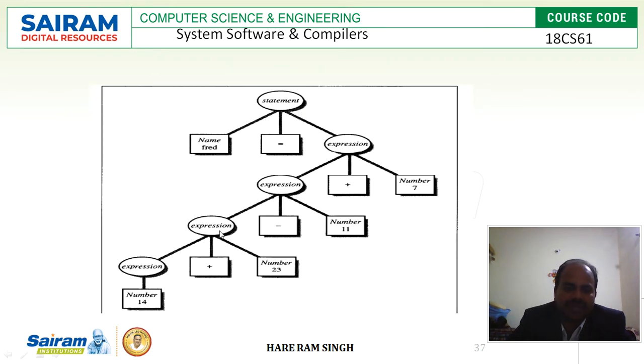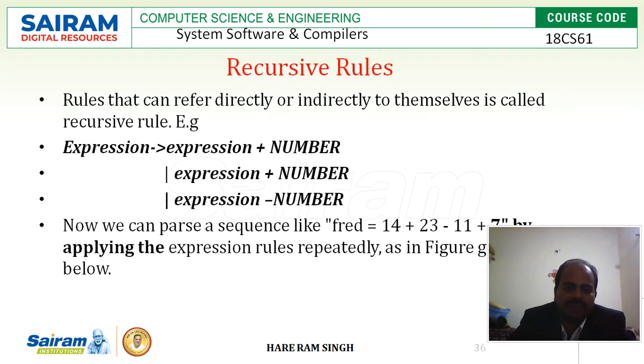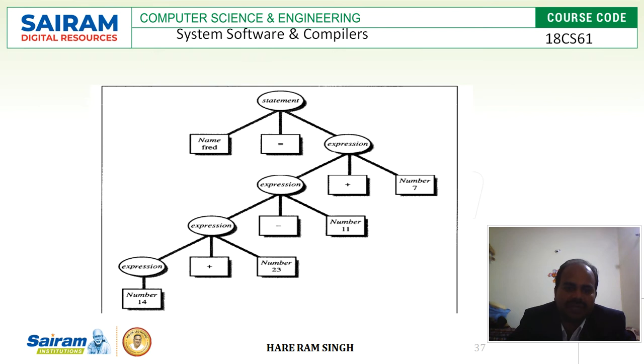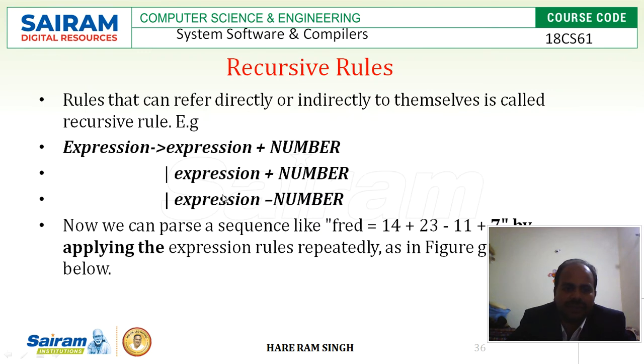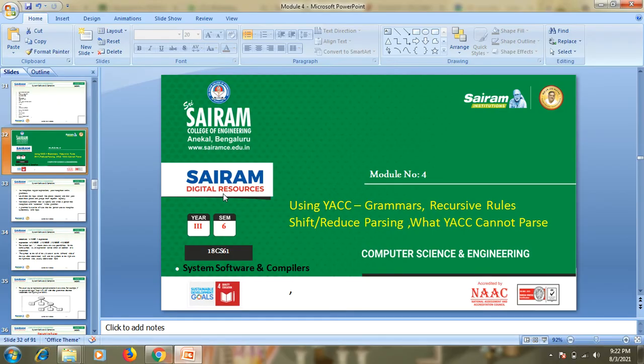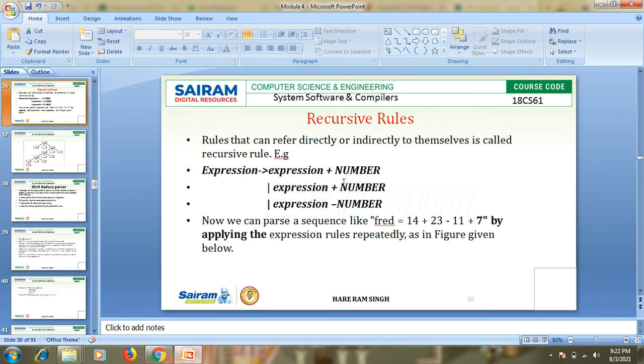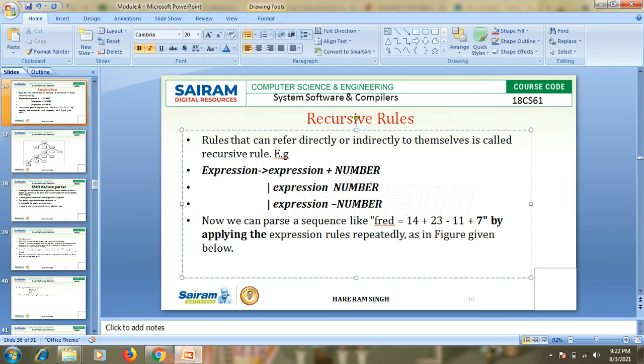Now this expression, 14 plus 23, can again be written as expression plus number, and this expression can be a number. So here you can see that an expression can also be a number. Here it is minus, and here the expression can be simply just a number.